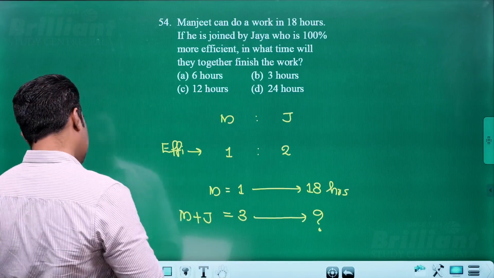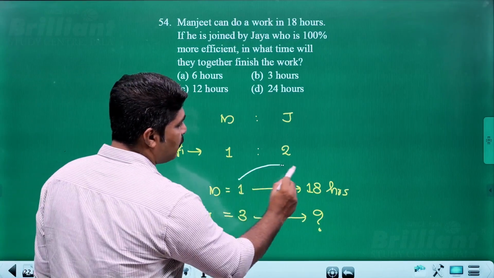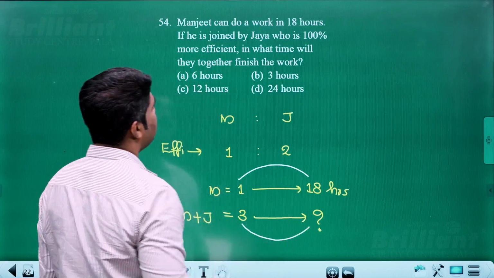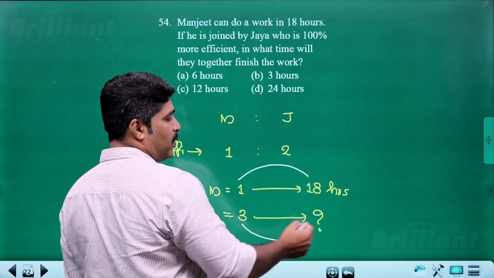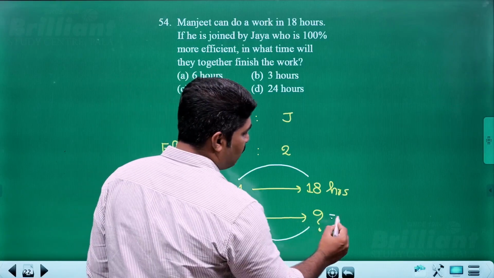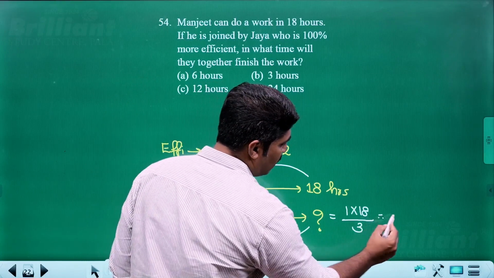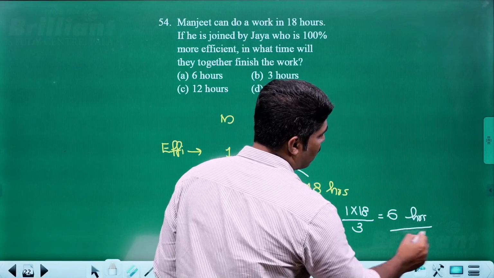As we know, this is a case of inverse variation. So therefore M1 into D1, the horizontal products are equal, same as M2 into D2. Then how to do it? 1 into 18 equals 3 into something. For finding this value, it is 1 into 18 divided by 3. Simple. Therefore, 6 hours they together require.